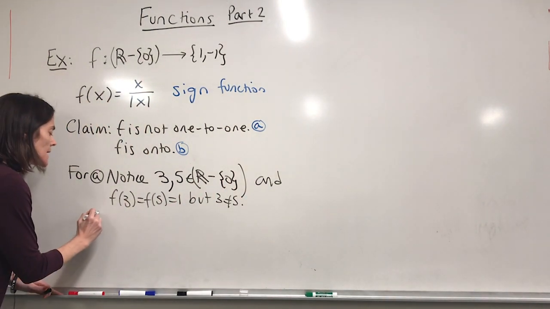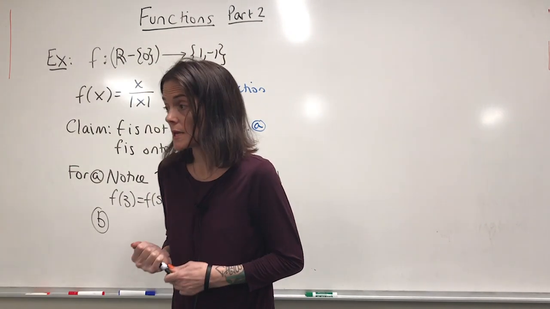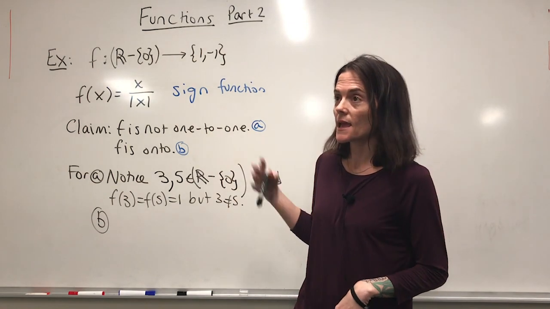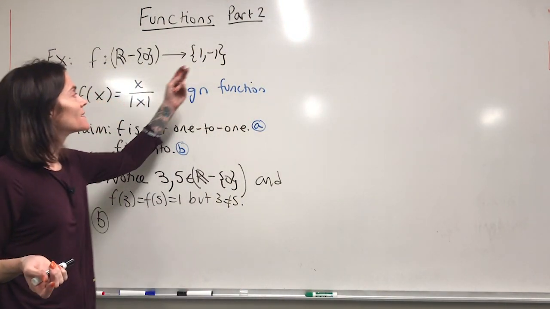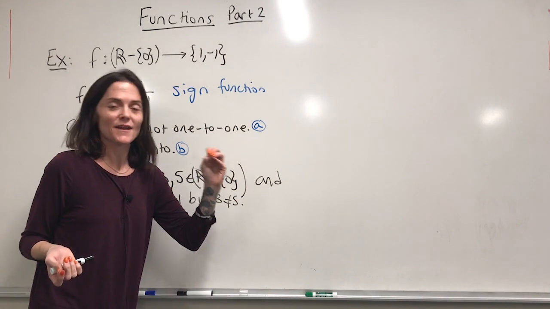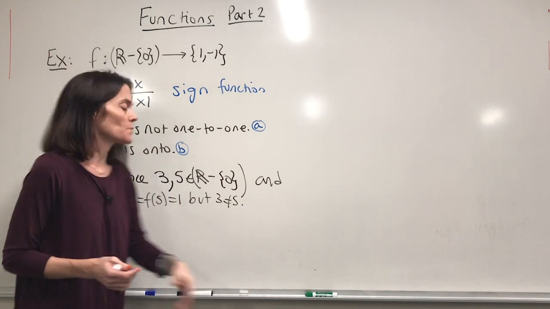Now how is it onto? This one is not going to be an abstract proof. We're not going to say let b in B and then find the a in A such that, or you could, but there's only 2 elements here. So to verify that every element gets hit, you just find something that maps to 1 and something that maps to minus 1.